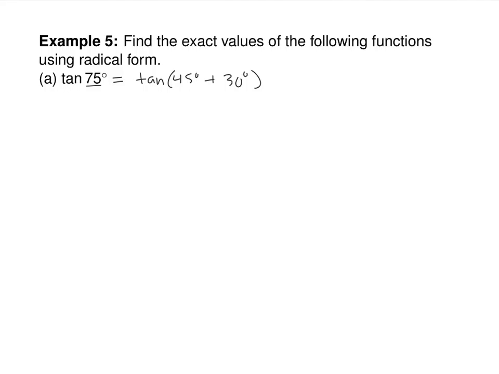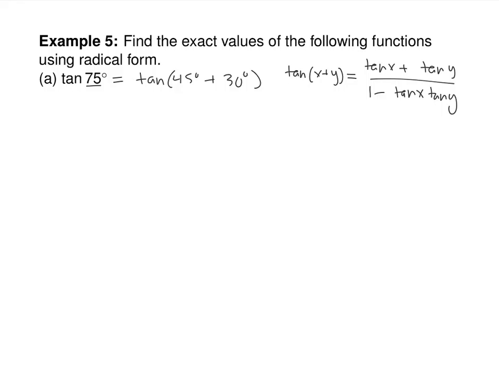So the formula for tangent, because I don't memorize either, is that tangent of x plus y is tan x plus tan y over 1 minus tan x times tan y. So how are you going to use that to figure this out?